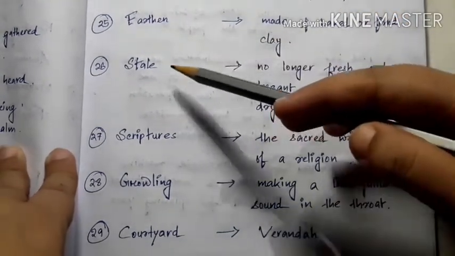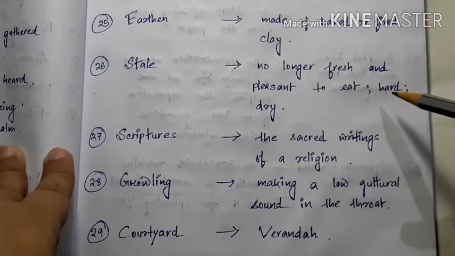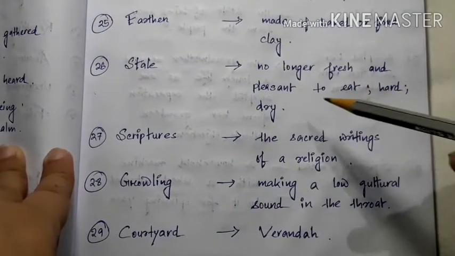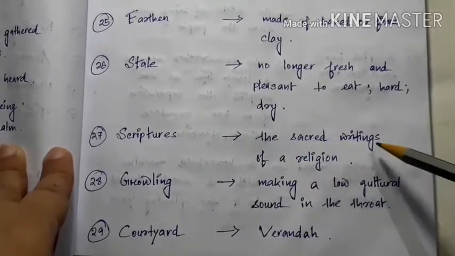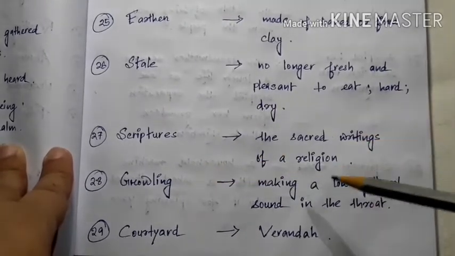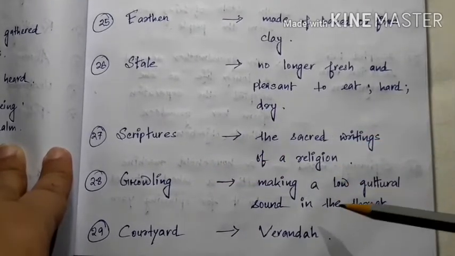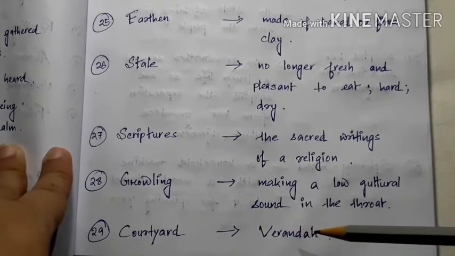Number 26, stale, meaning no longer fresh and pleasant to eat, or hard or dry. Number 27, scriptures, meaning the sacred writings of a religion. Number 28, growling, meaning making a low guttural sound in the throat. Number 29, courtyard, meaning veranda.